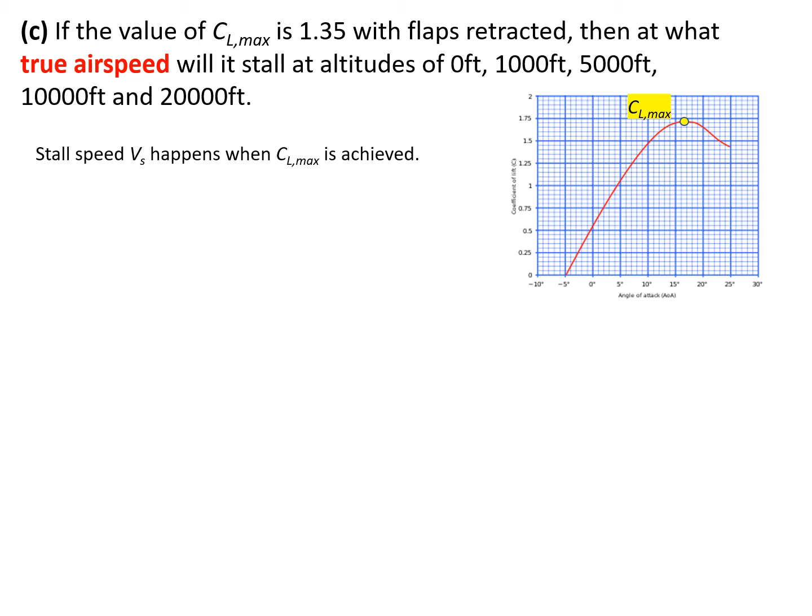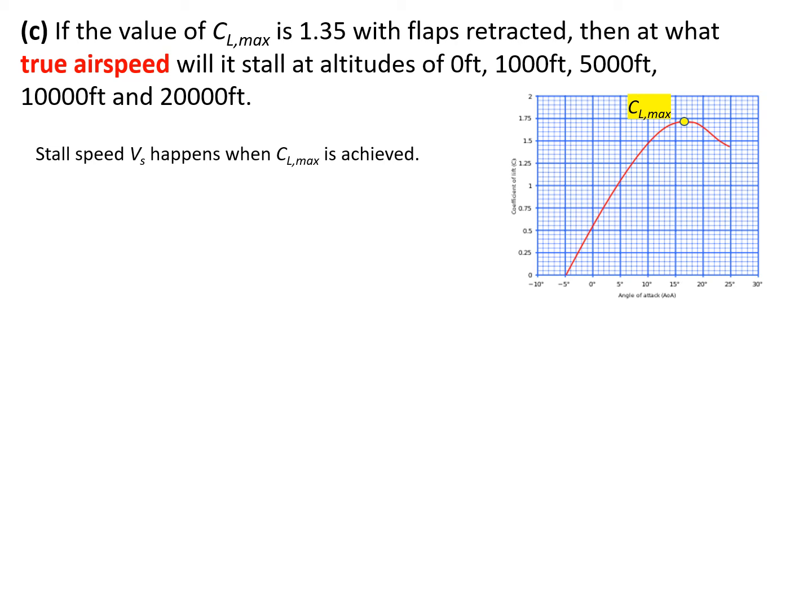The question is actually asking about the stall speed, and the stall speed happens when CL maximum is achieved. If we look at the CL angle of attack curve on the right hand side, before stall happens, or before the CL max is achieved, we can approximate the curve as a linear relation between CL and the angle of attack.